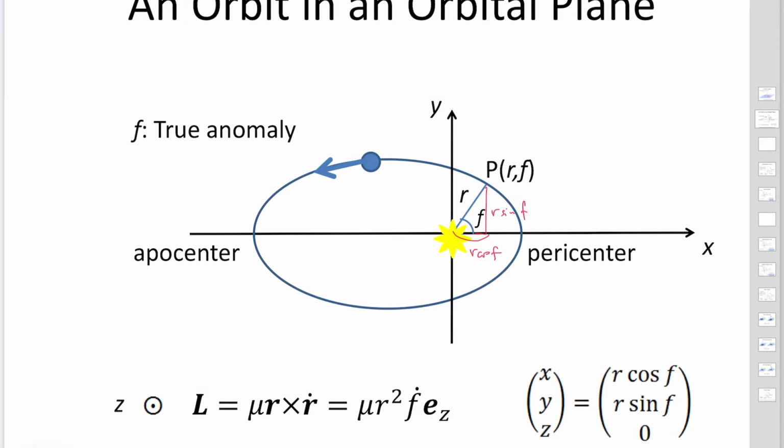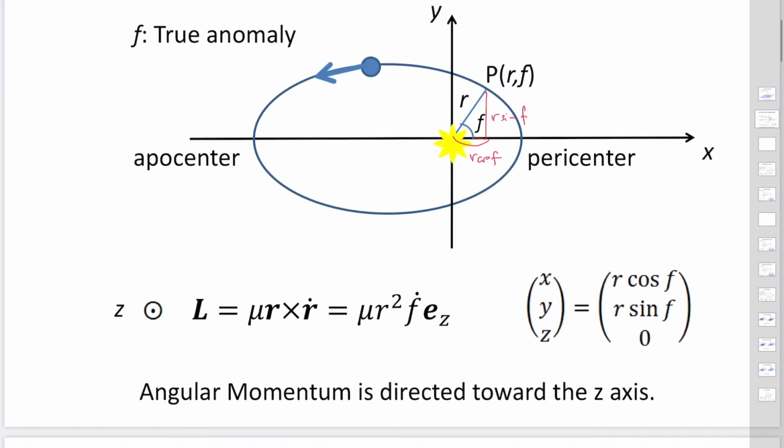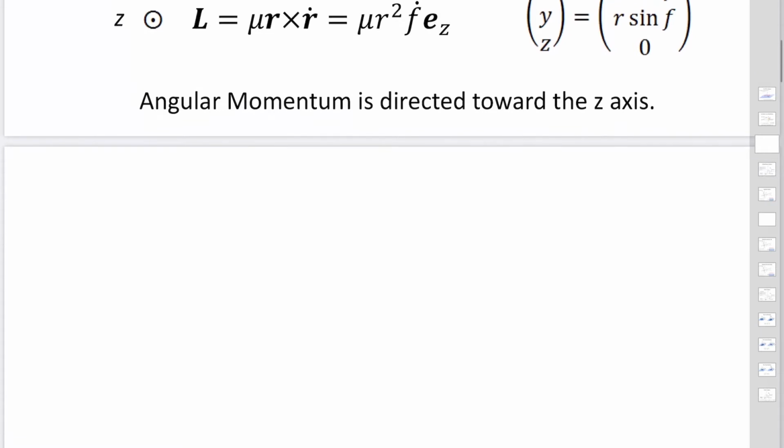Then we can express x, y, and z, and x dot, y dot, z dot. x dot is r dot cosine f minus r f dot sine f. y dot is r dot sine f plus r f dot cosine f, and z dot is 0.